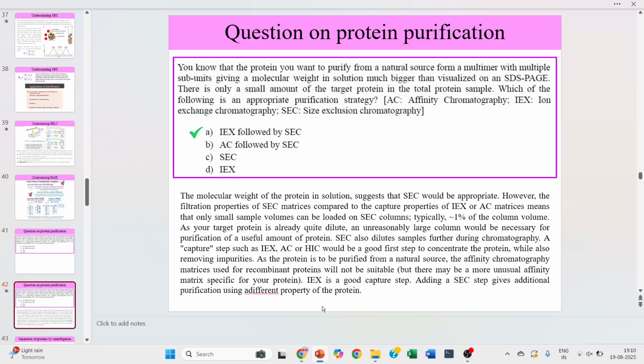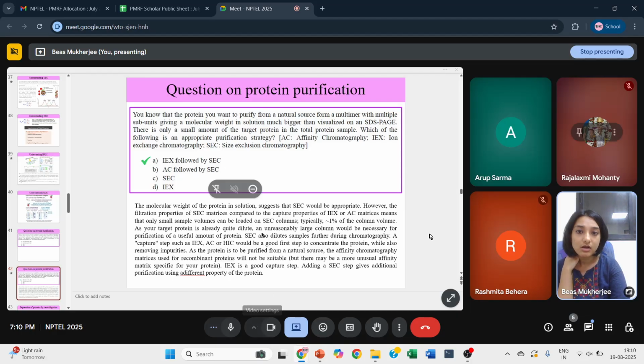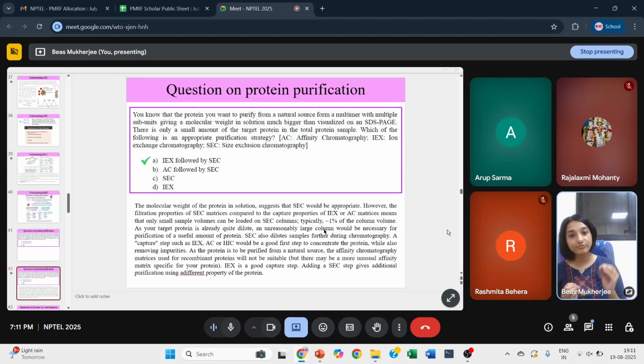Okay. So see that the molecular weight of the protein in solution suggests that SEC would be appropriate. However, the filtration properties of SEC matrices, compared to the capture properties of IEX or affinity chromatography matrices, mean that only small sample volumes can be loaded onto SEC columns, typically 1% of the column volume.